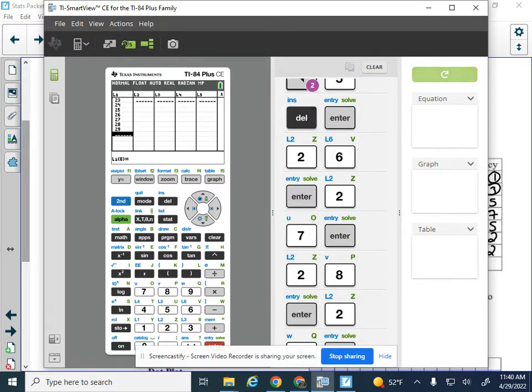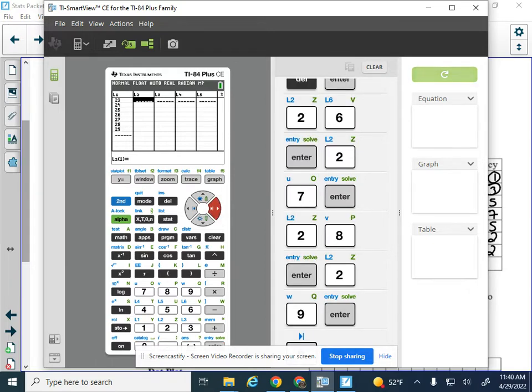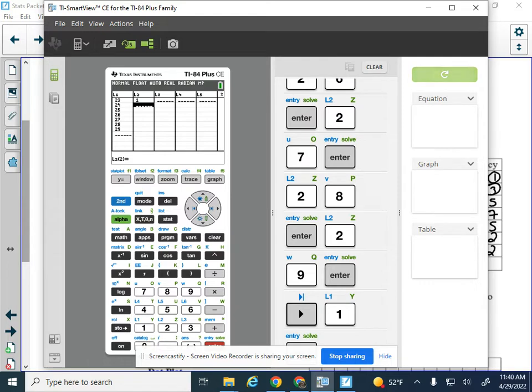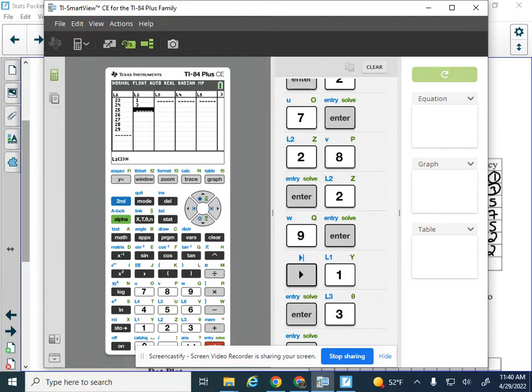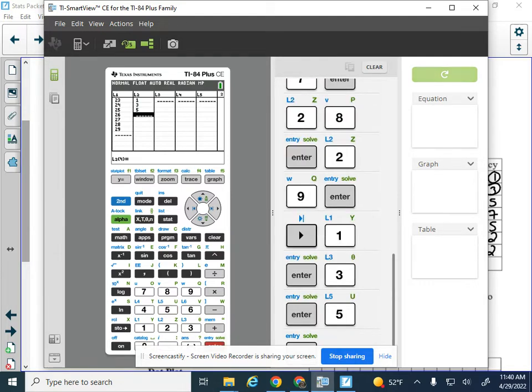And in the second column, we're going to enter our frequencies. So I have 1, 3, 5, 7, 5, 2, and 2. I definitely check to make sure there's the same number of things in each list, which there should be.